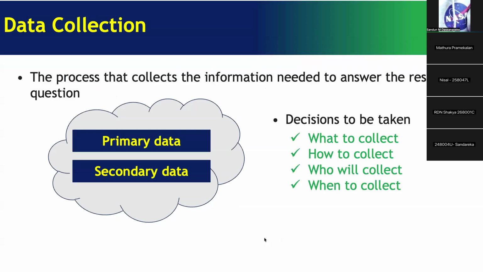There are a lot of secondary data available. And data collection, the decisions to consider when you are collecting data, either primary or secondary: what to collect. Because when we say go and collect data, you don't go and collect everything that you find, right? It's unnecessary. You have to decide what to collect and then how to collect it.